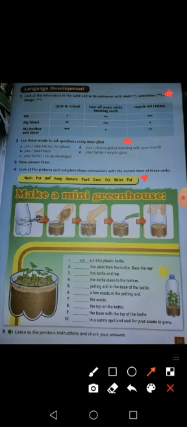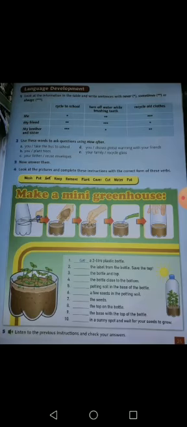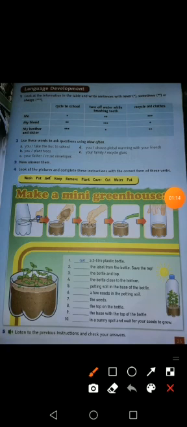Okay, and the next page we have what? We have exercises for practicing the new meaning that we talked about during this unit. So the first exercise, exercise number 1: look at the information in the table and write sentences with never, sometimes, and always.